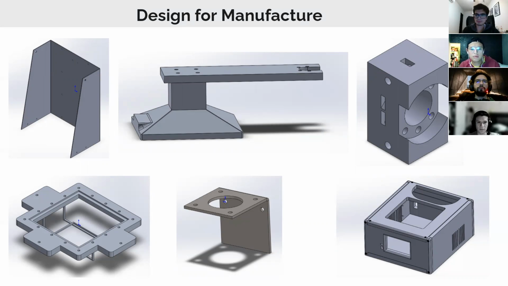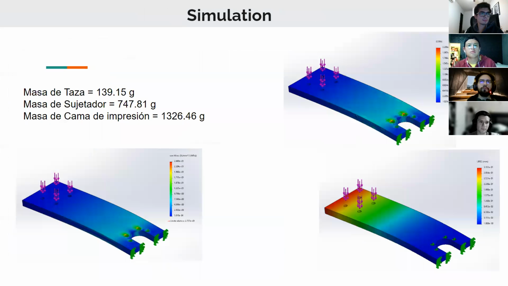So we choose an average of $2.5, and we added 30% of wastage. And we also assume that an hour of CNC costs around $125. Next, please.